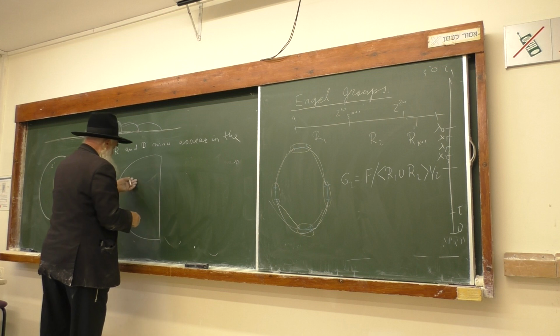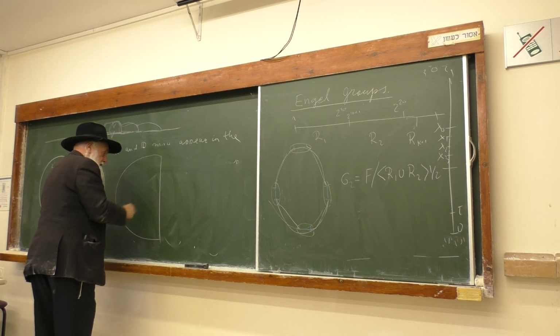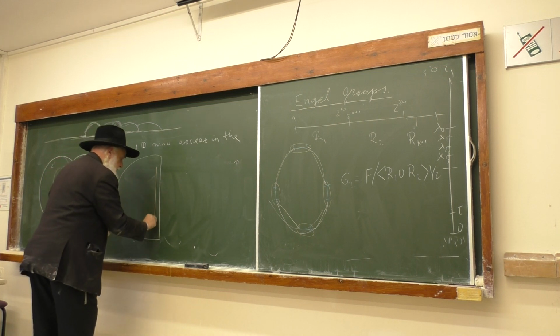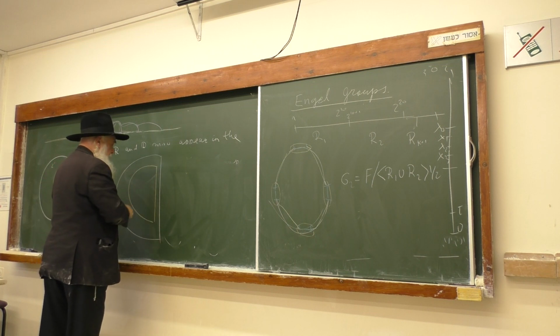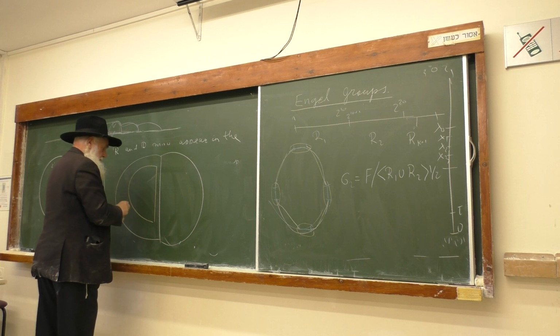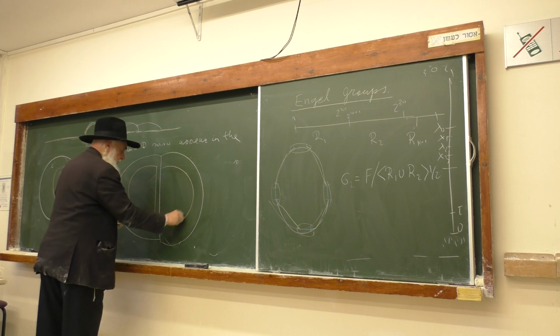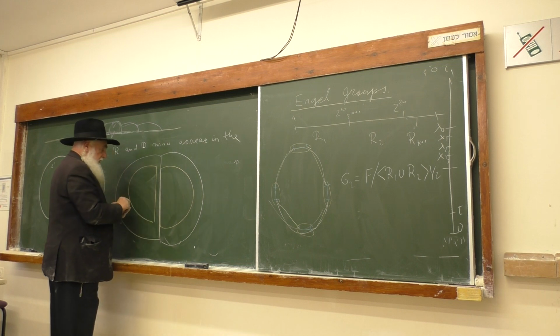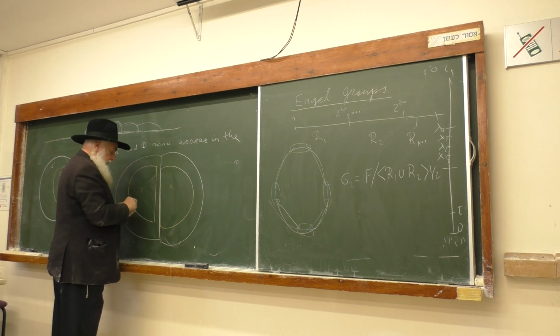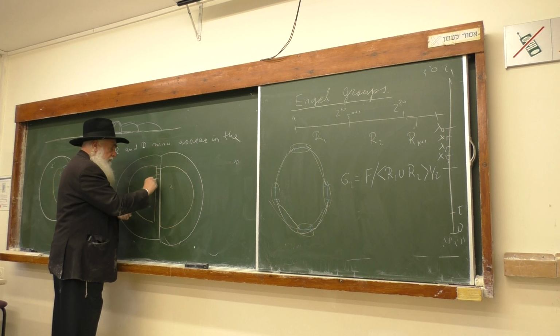Assume this is attracting stronger than the second. Here is the second one. And here we have a series of areas of rank 1.